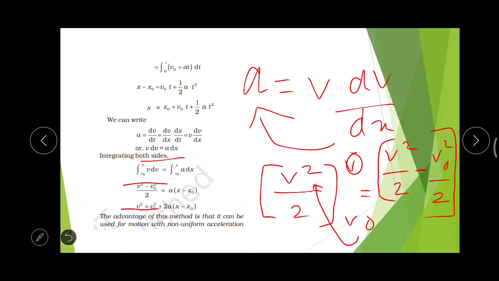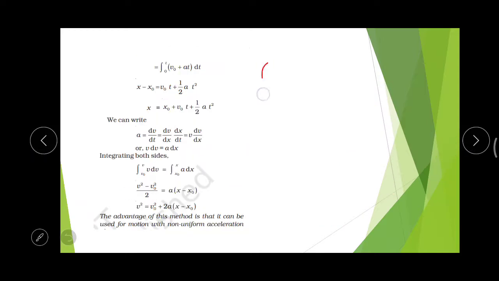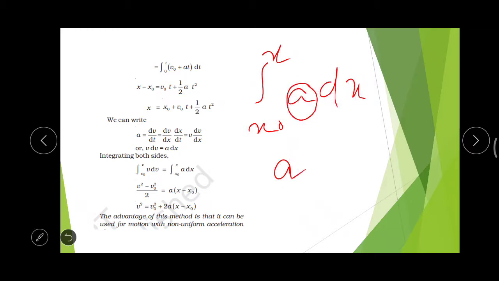That is v square minus v0 square divided by 2. Now on the right hand side the integration will be the integral from x0 to x of a into dx. So a is constant, which will remain as it is.